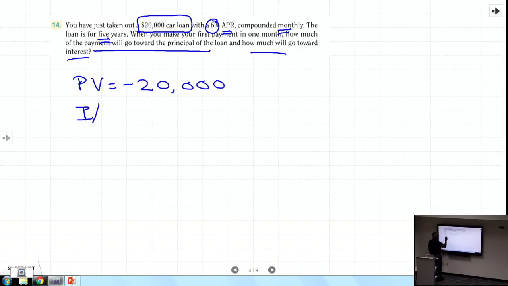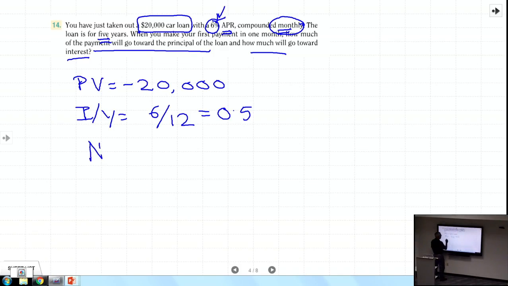Your interest per year is 6%. Interest per period would be 6% divided by 12, which will be 0.5. Why am I dividing 6% by 12? Because it is being compounded monthly. 6% is my annual rate, so my monthly rate is 0.5%.